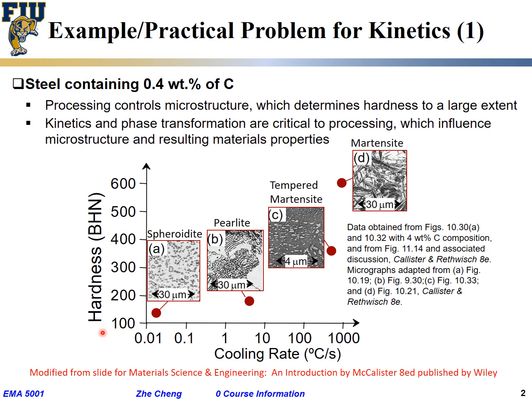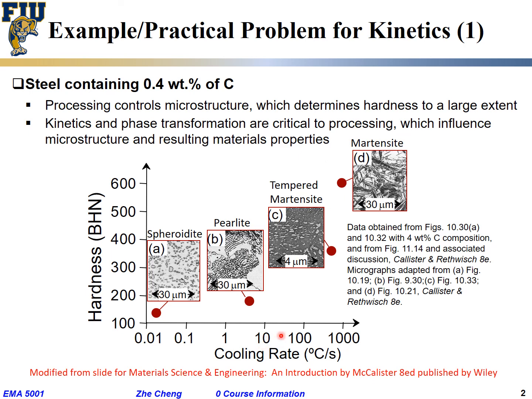And what we learn in this course, the so-called kinetics and phase transformation, are critical to processing. How fast we process, right? How fast? Cooling rate, that's a rate thing.